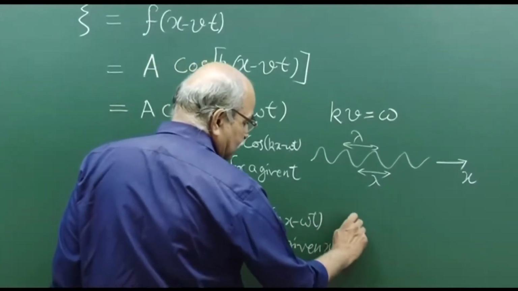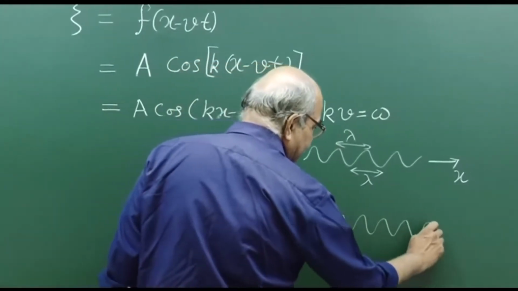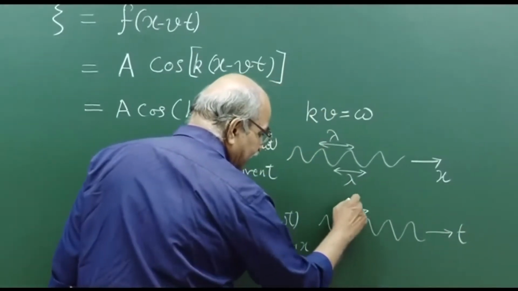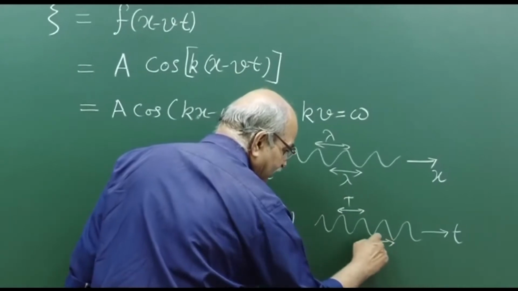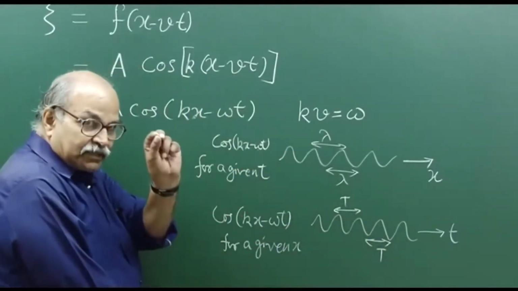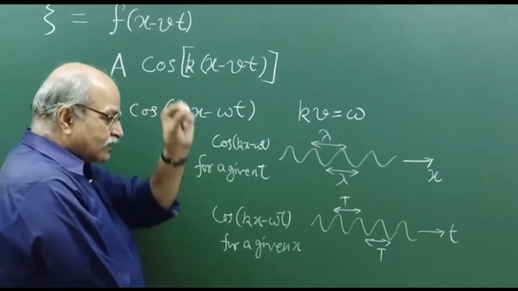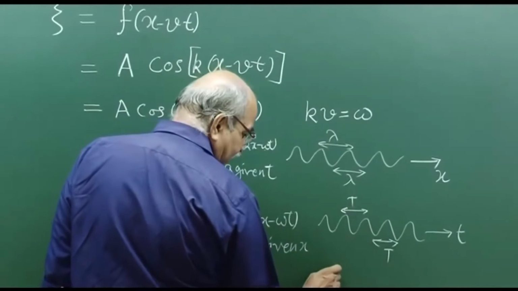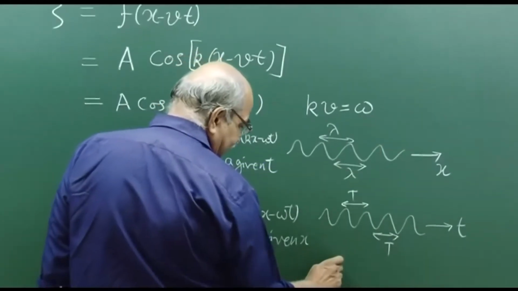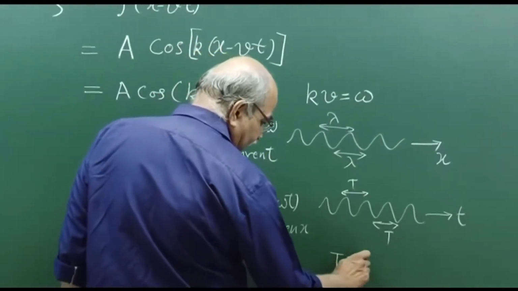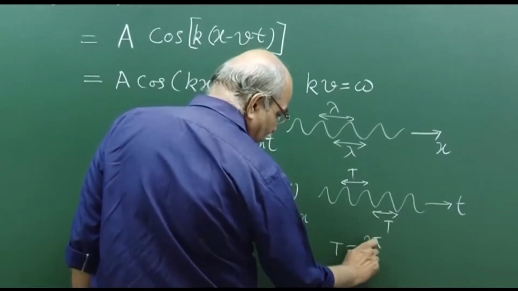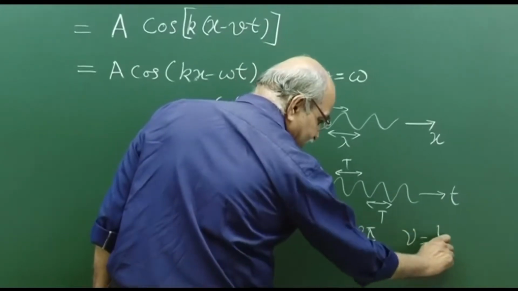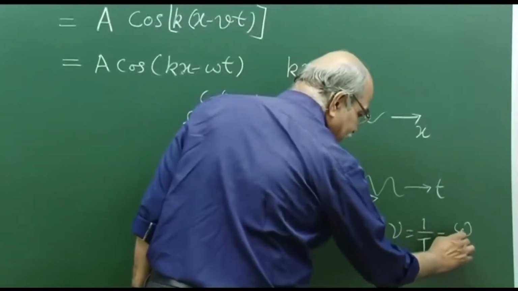So this will also be of the same type, but this time it is time here, and then this is the time period, capital T. So x is fixed, a particular portion, it oscillates, and how much time does it take in one oscillation? That is T, and this T and this omega are related. This T is 2 pi over omega, and your frequency, which is 1 by time period, is omega by 2 pi.